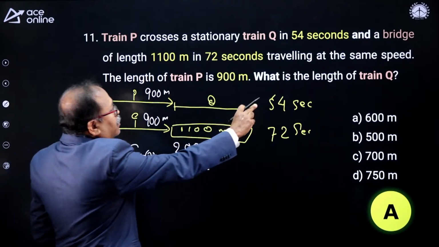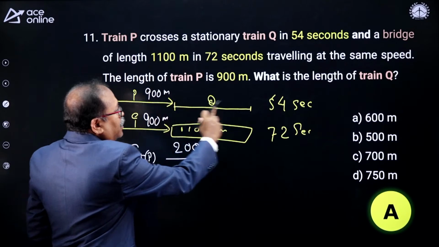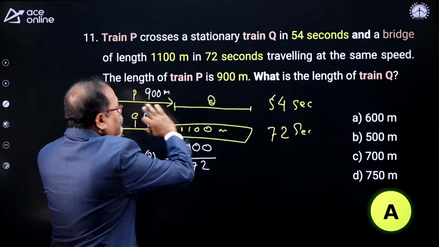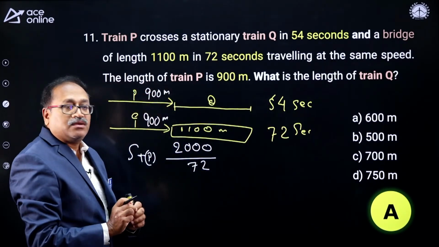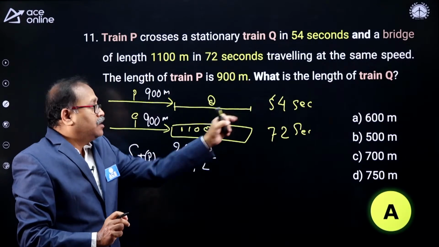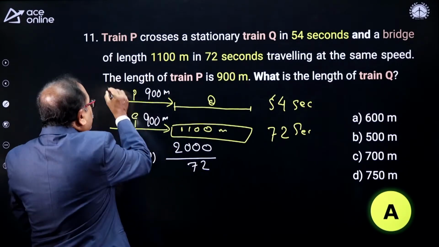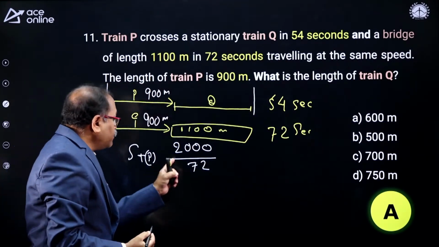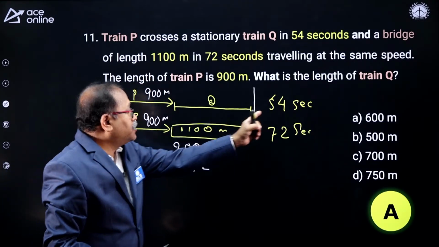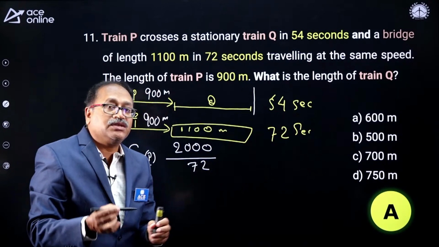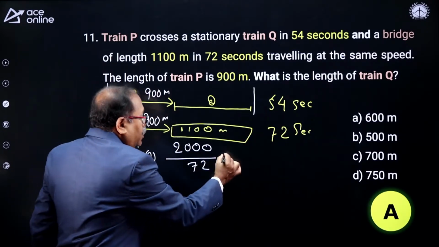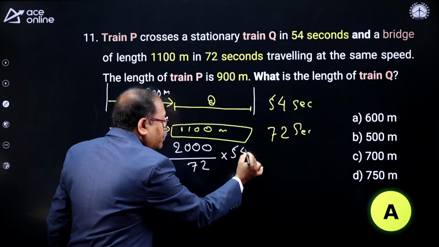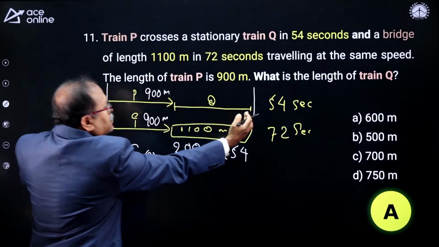I know this is the speed of train P, and it crosses the stationary train in 54 seconds. So can I get this distance? Yes, because I have the speed of the train and it takes 54 seconds, so speed into 54 gives the total distance.